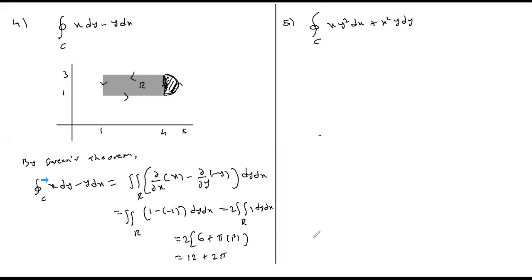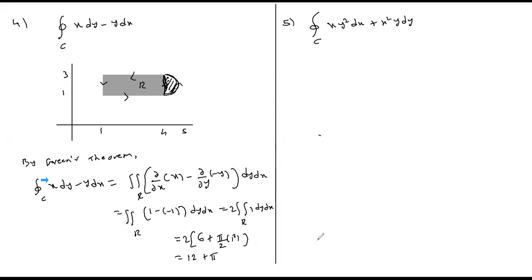Sir, the previous answer is 12 plus 2 pi. Since it is a semicircle, we have to divide the area by 2. Pi r square by 2. This has to be divided by 2 because we are finding this for the semicircular area, right? Then when I multiply with 2, it is going to be pi. You are right. So it is going to be 12 plus pi.